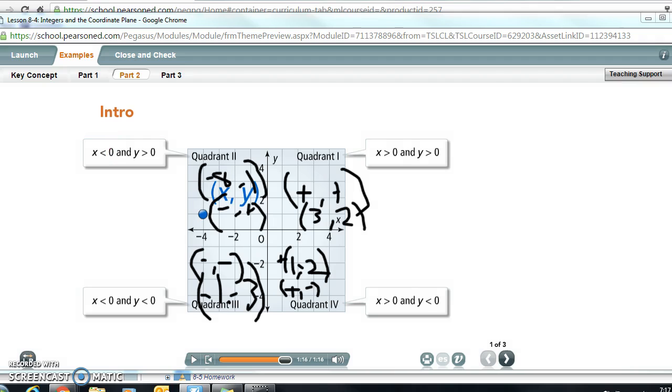My favorite thing to do is to notice that quadrant 1 and quadrant 3 have opposites: positive, positive, and negative, negative. Quadrant 2 and quadrant 4 also have opposites: a negative and a positive, and a positive and a negative.